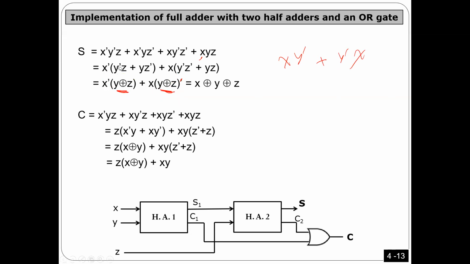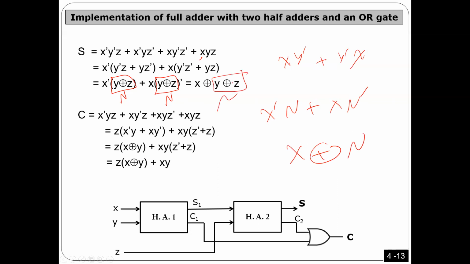If you are confused, I can consider this one as N. There is a prime here, and a prime here. So it's like X prime N or X N prime. So this is actually X XOR N. Okay, and this is N. You got what I'm saying?